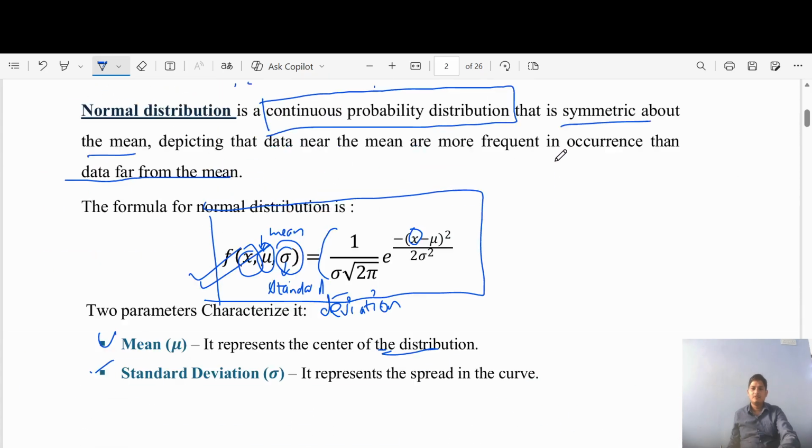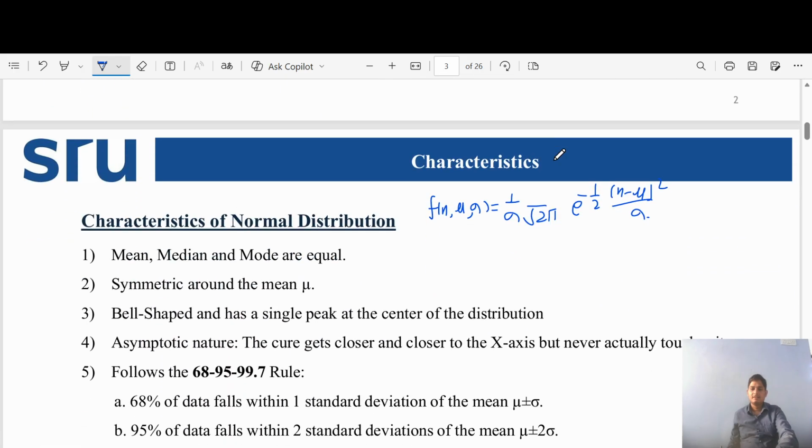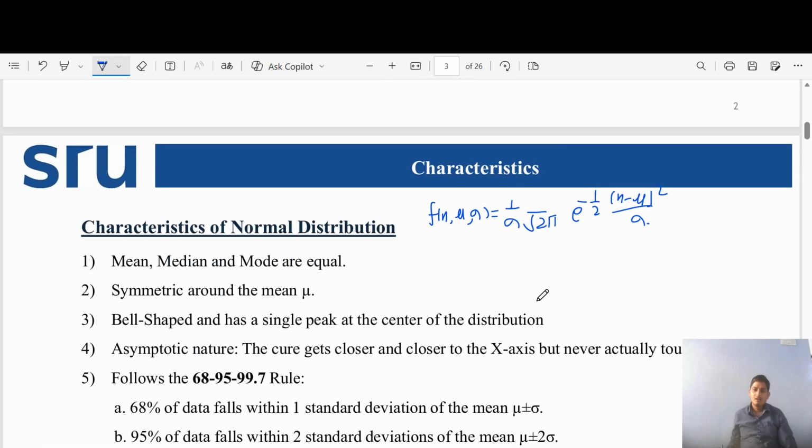Now we draw the curve for this function, e to the power minus 1 by 2 of this. If we draw the curve of this distribution, it looks like this.